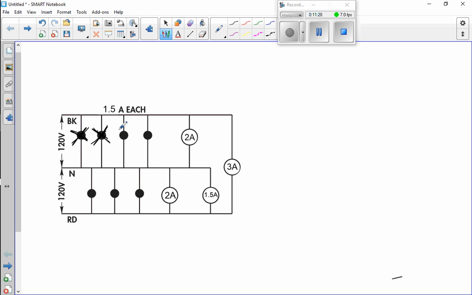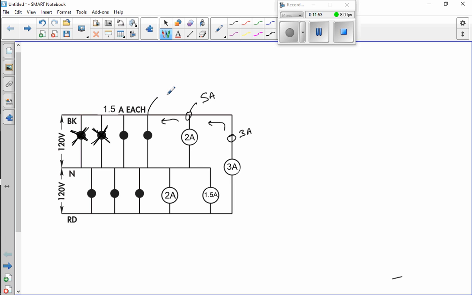Our 3 amp load is active again, so we are going to start off right here, and we'll have our 3 amps. We'll continue over counterclockwise again. So right here, this current will add on to it, so that could be 2 plus 3, so that could be 5 amps. Continue on this direction.